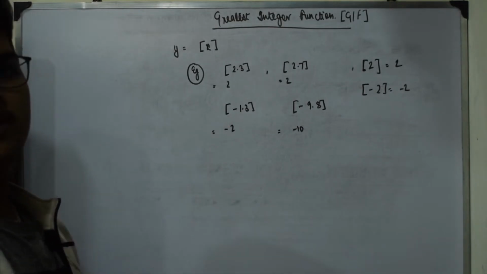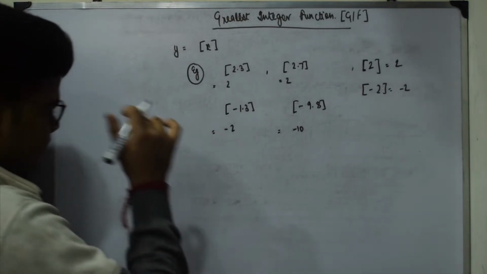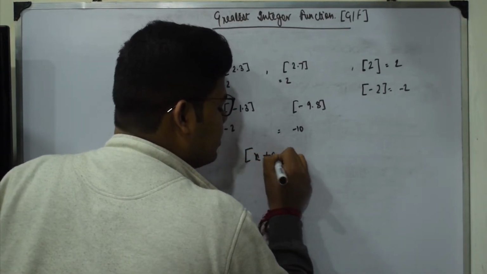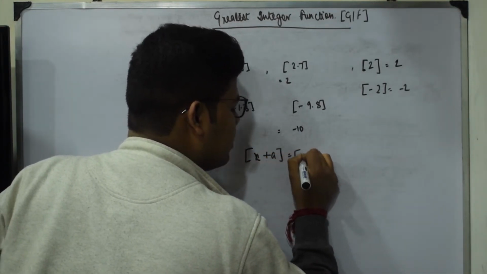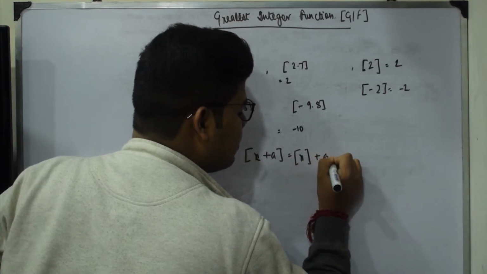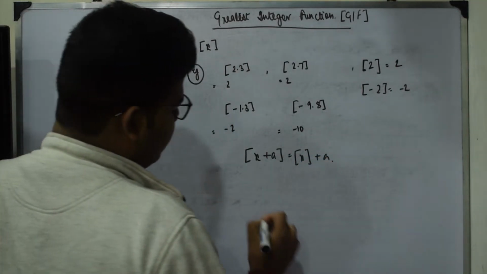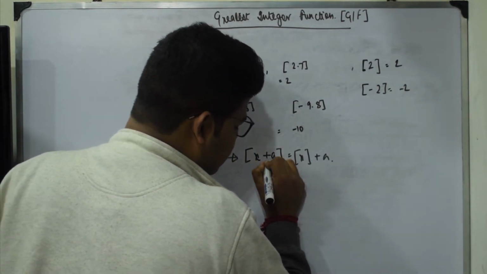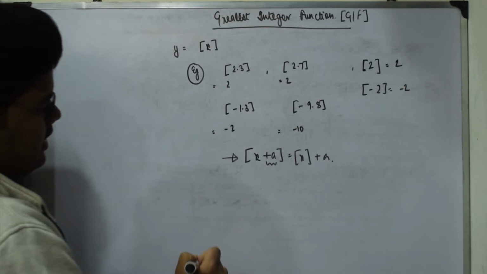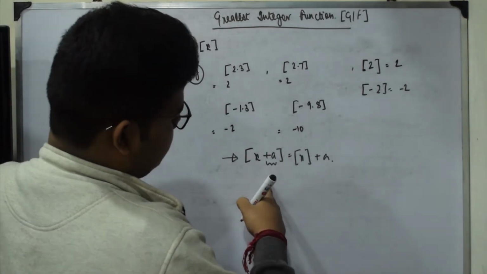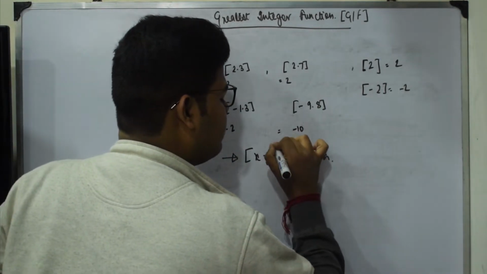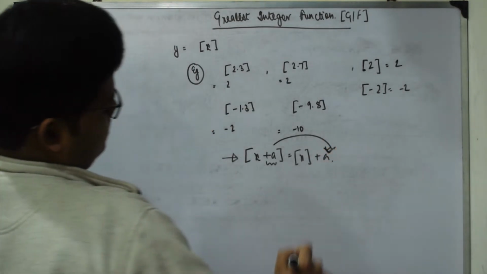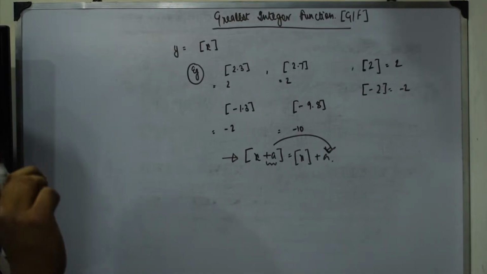We have to understand its concepts, and this is a property of the greatest integer function: if any constant number is added to this, then it will come out of the GIF like this.